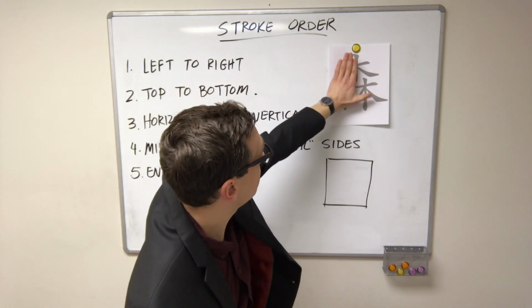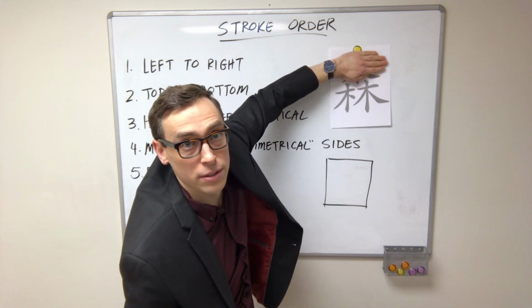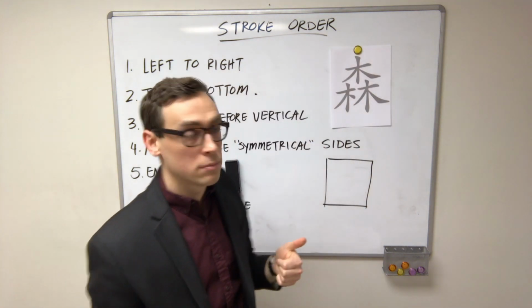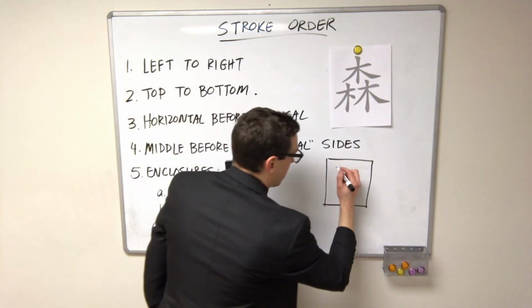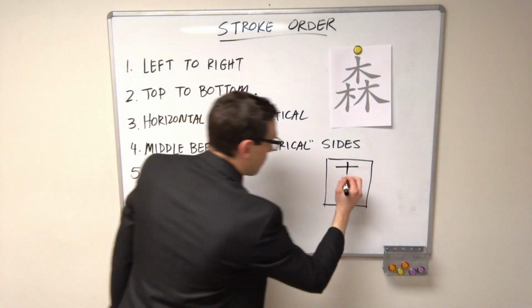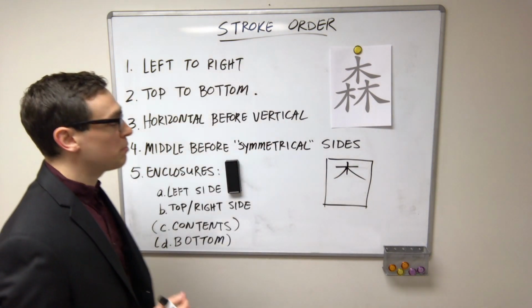But this isn't the left of the entire character. This is the top of the entire character. So this is a top. Then we'll move on to this one, then this one. Okay? So crosshair, horizontal before vertical. Then a left side before a right side. There it is. Now we just repeat.